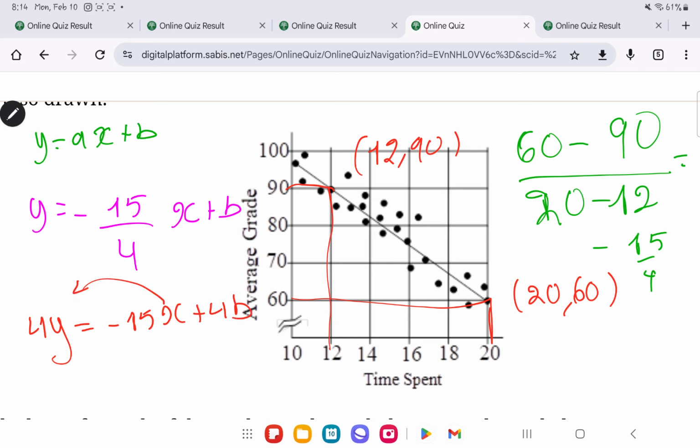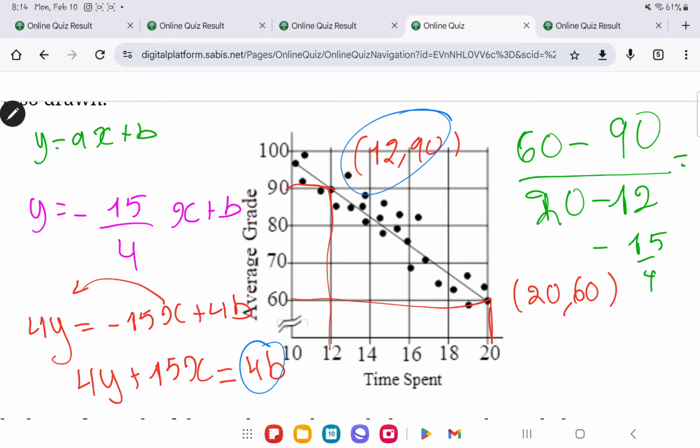Move this to the other side. You get that 4y plus 15x is equal to 4b. Now to find the value of 4b, or b in this case, we're going to choose any point.